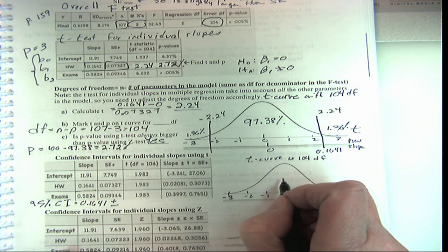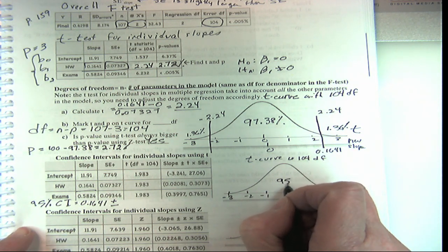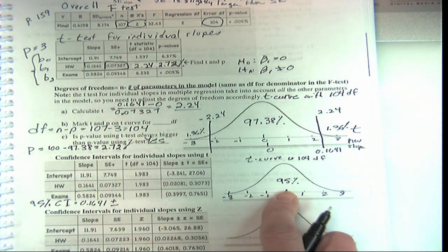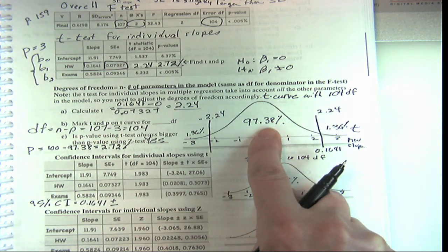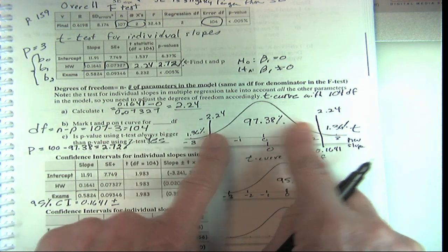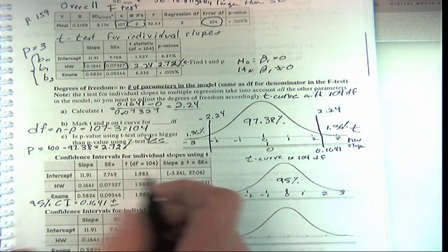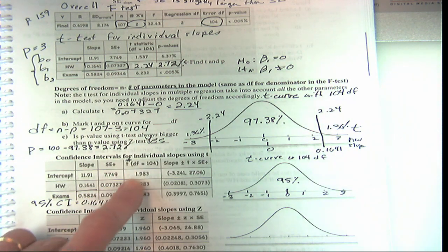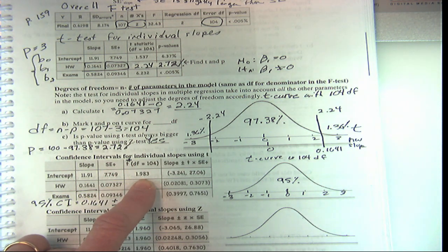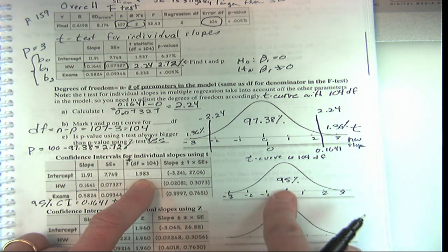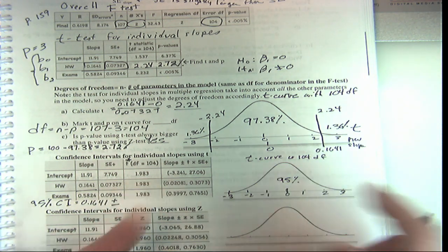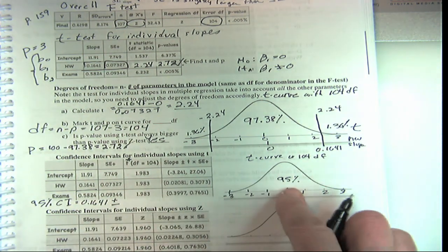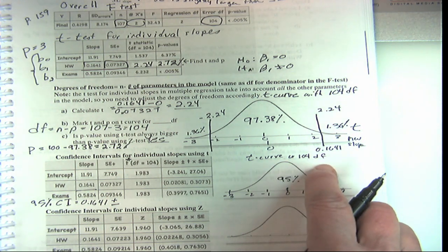And we want the critical value for t that has 95% in the middle. Here we had 97% in the middle, so we don't want to go out that far. So this right here is t star, the critical value for 95% in the middle. So the value of t that gives you 95% in the middle for this particular curve.